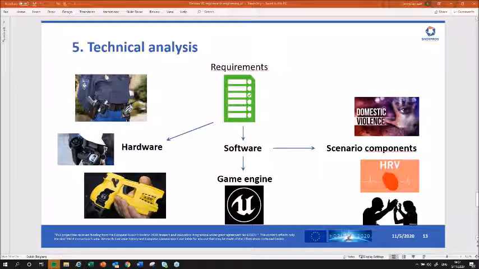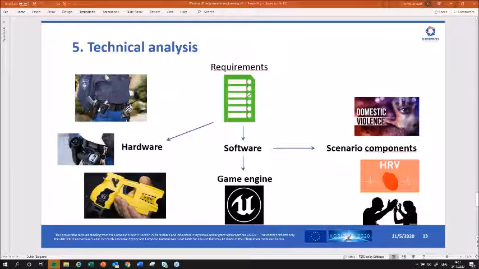So the hardware team in this case will look at, okay, the police officer needs to be able to use non-lethal weapons in a scenario. This will have implications for us, so we need to develop new hardware that we did not have before, or maybe partially did not have.